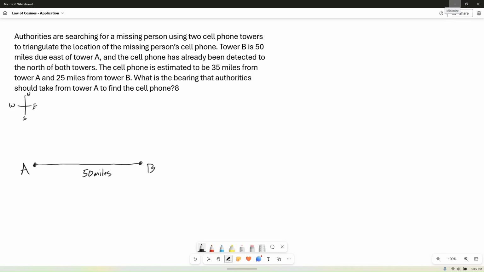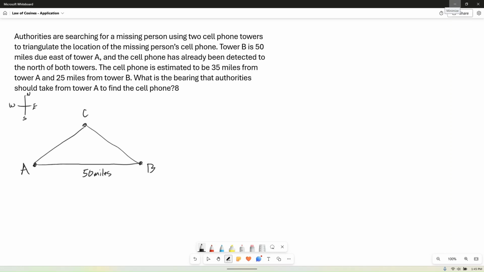We also know that the cell phone is somewhere to the north, so it's not below, it's above in our picture here. And we're told the estimated distance to the cell phone from the two towers: from Tower A, it's 35 miles, and from Tower B, it's 25. Since both of those measurements are less than 50, I know that the cell phone has to be somewhere here in between the two towers.